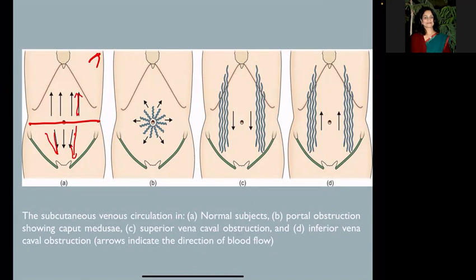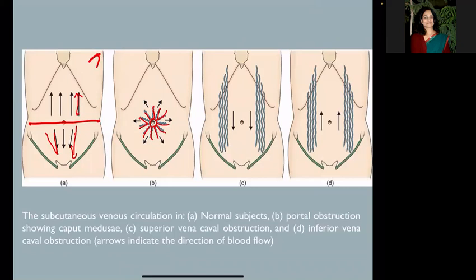Then what happens in portal hypertension or portal obstruction? Here, as we have already talked about, in portal obstruction, the veins around umbilicus become prominent and form a sun ray appearance, that is radiating veins around umbilicus, and this condition is called caput medusae.